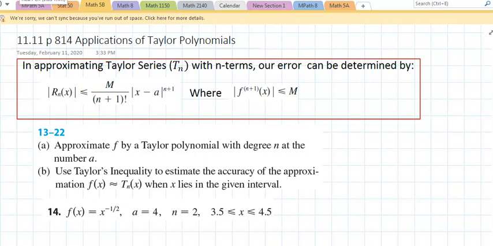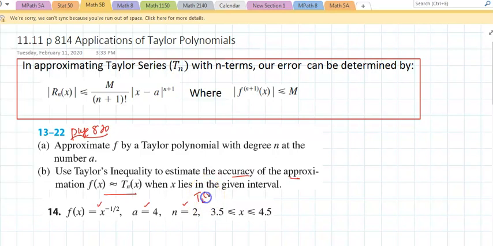So if I apply it to this problem, on page 820: approximate f by a Taylor polynomial with a given degree, and use Taylor's inequality to estimate the accuracy in the approximation. And I'll talk about what that means. So here, you want to approximate x to the negative 1/2, which is 1 over radical x, with a equal 4 and n equal 2, which means you need a 2nd degree polynomial.